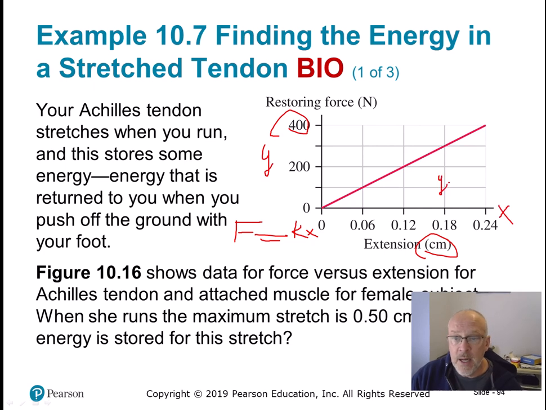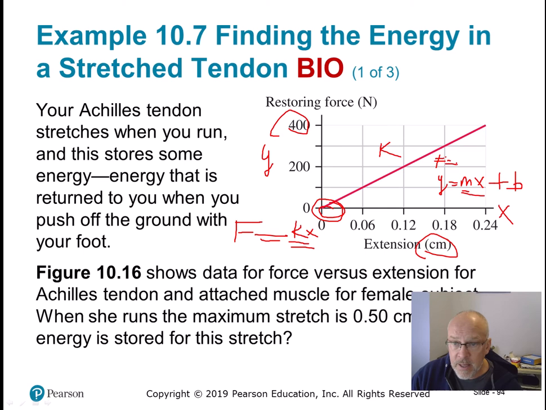This is just y equals mx plus b. In this case, b, the y-intercept, is 0. So we just want to find the slope. What's the slope of the line? Well, in this case, the slope is the spring constant, k.